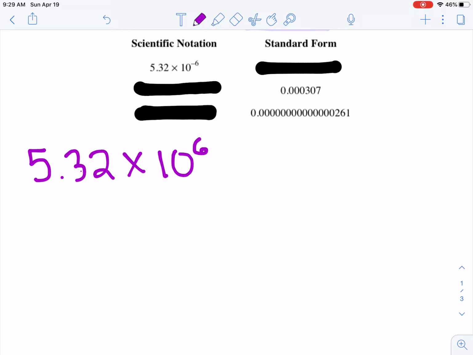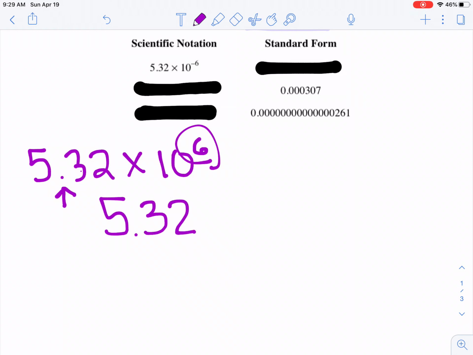So we looked at something like 5 and 32 hundredths times 10 to the 6th. That 6 is a positive exponent, which means my number should get larger. Hopefully you filled that in. So I'm going to be moving the decimal. How many place values? 6. And if our number is going to get larger, it's going to go to the right.